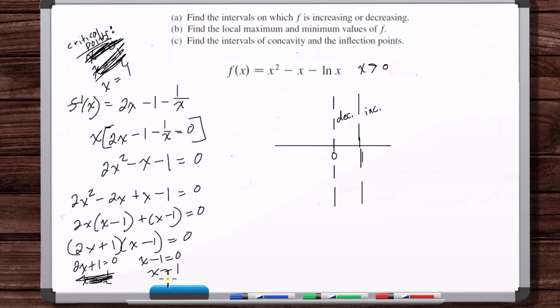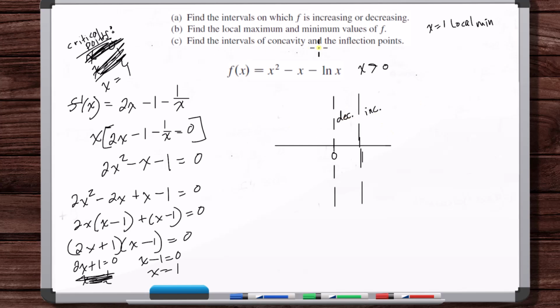But it's continuous over the domain, so we can apply the first derivative test to the critical point. Does the first derivative change signs across this point? Yeah, it does. It goes from decreasing to increasing. So this is a local min. x is equal to 1 is a local min. And here are the intervals in which the function is decreasing and increasing.